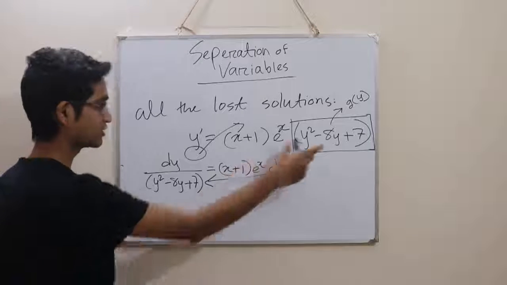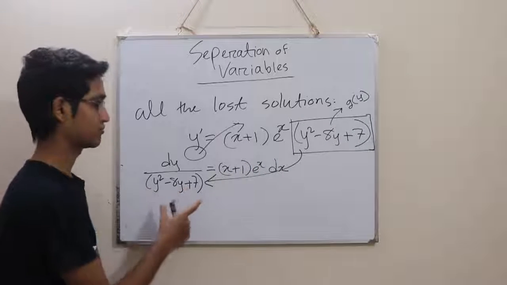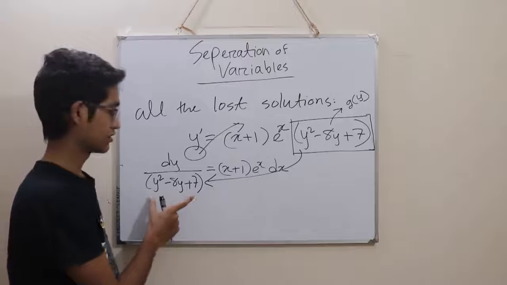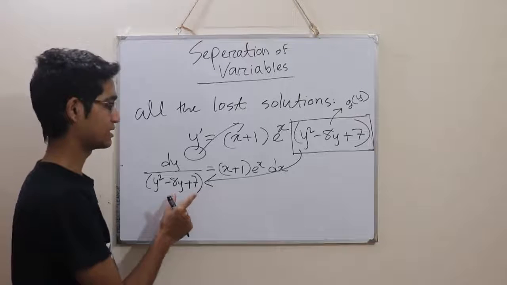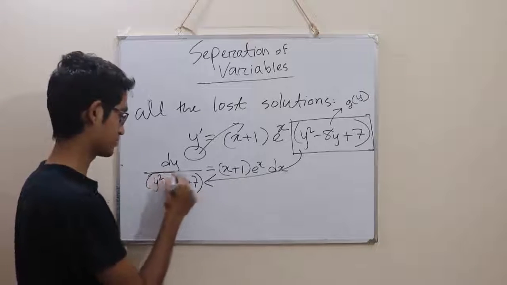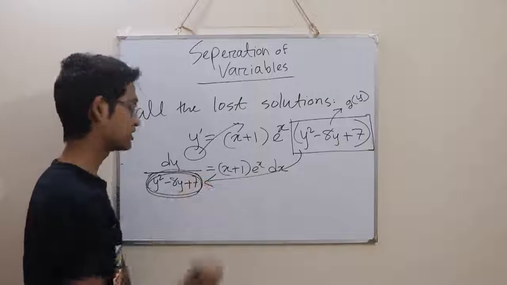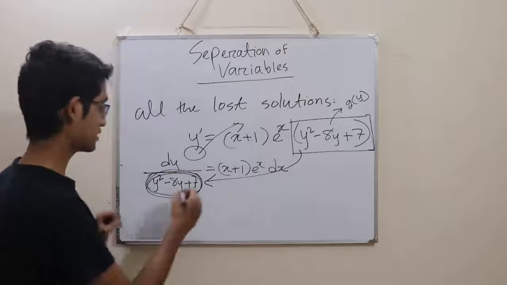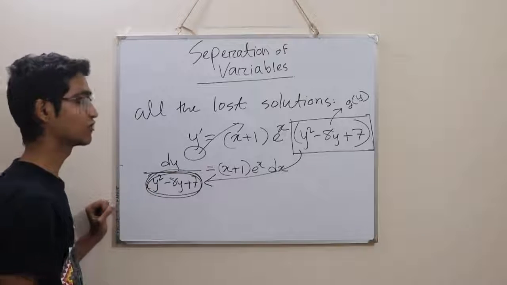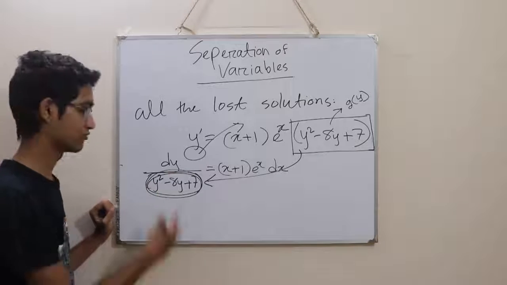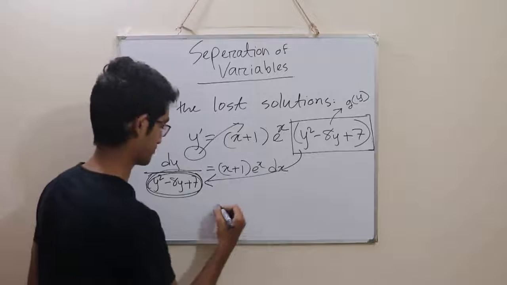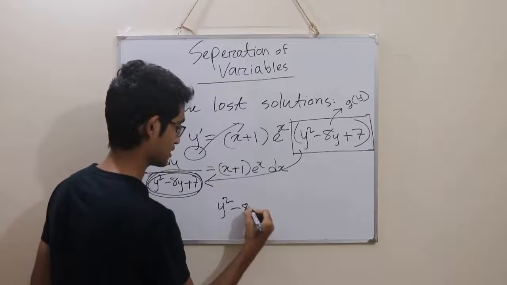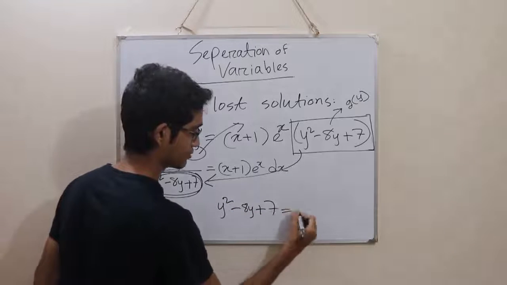So as we are bringing this part over to the left side, this is our g of y, and the roots of this part will give us the lost solutions. So let's take a look at how we can go about finding the roots of this expression. y squared minus 8y plus 7 is equal to 0.